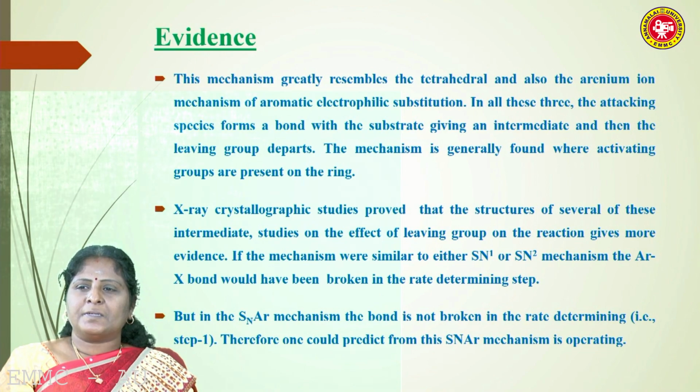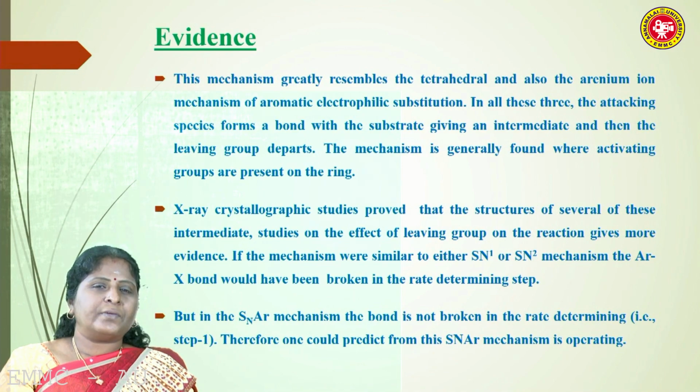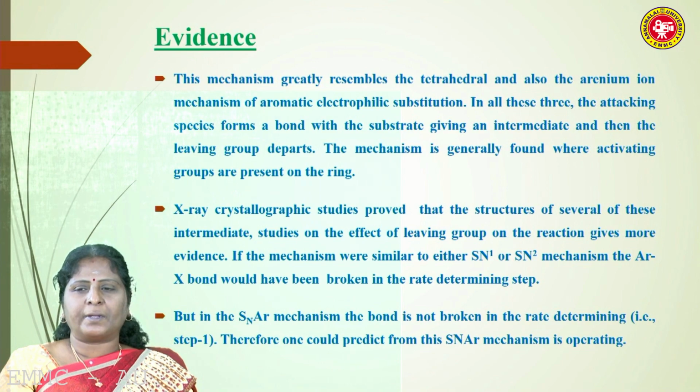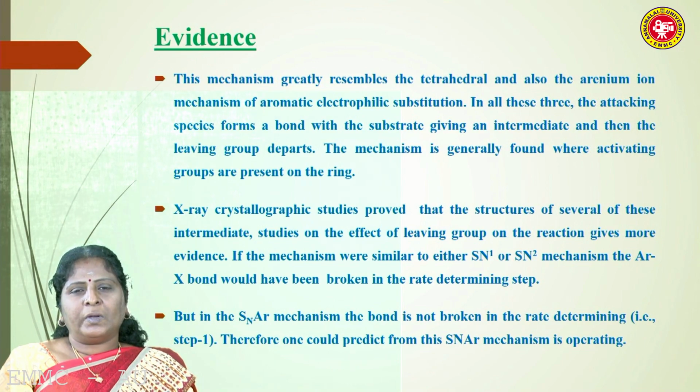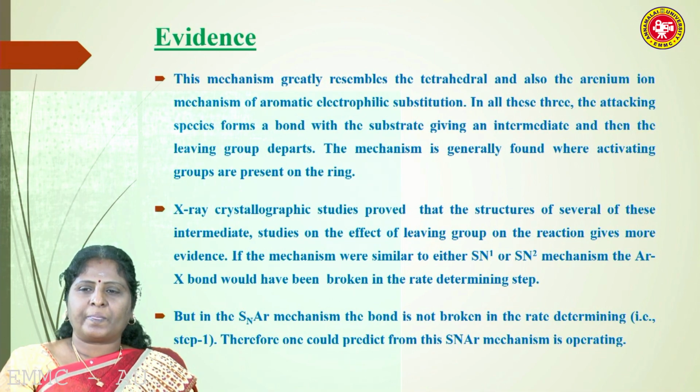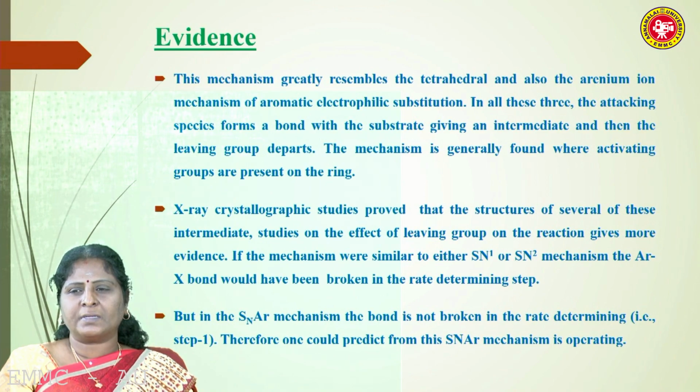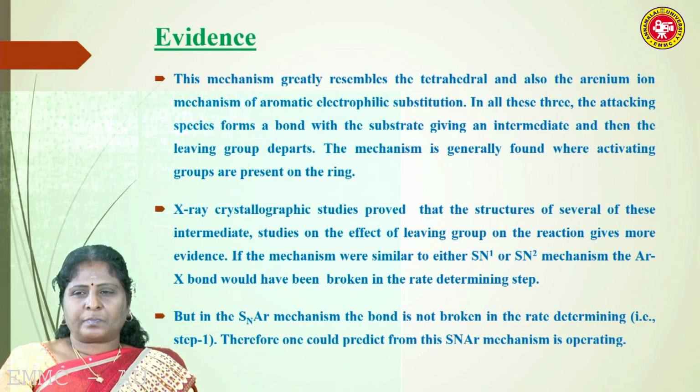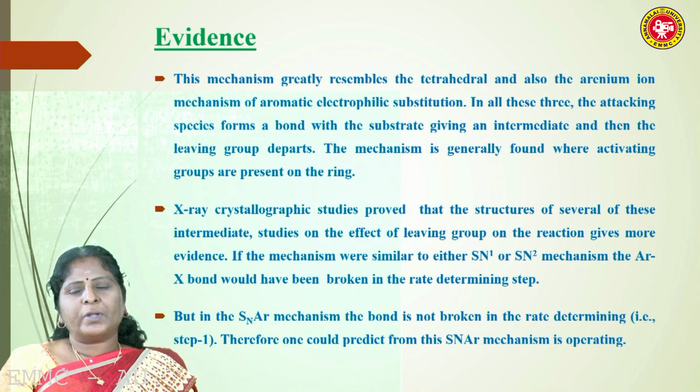This mechanism is generally found where there are activating groups, that means electron withdrawing groups present on the ring. Then only a nucleus can easily be generated. X-ray crystallographic studies proved the structures of these intermediates, and studies on the effect of the leaving group on the reaction give more evidence.